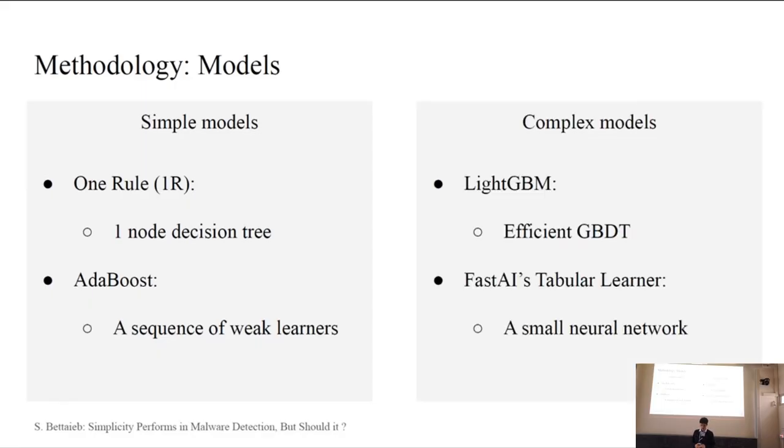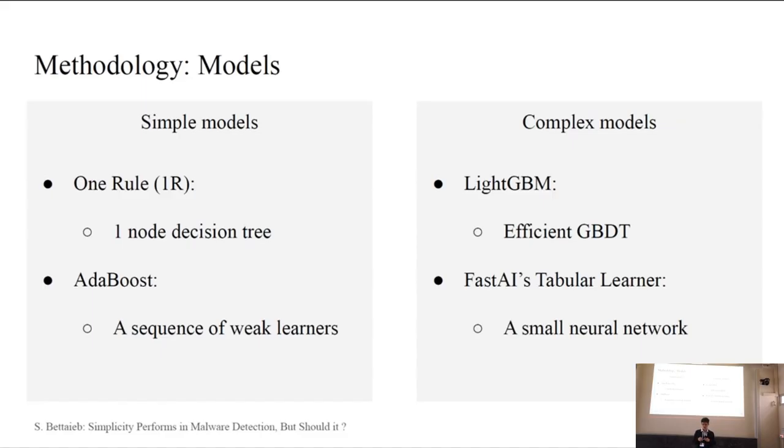And on the complex side, we have LightGBM, which is an efficient gradient boosted decision tree, and is often referred to as the state-of-the-art in malware detection using tabular features, in particular the Ember features. We also have the FastAI tabular learner, which is a small neural network for tabular data.